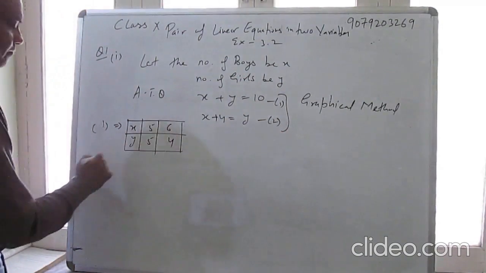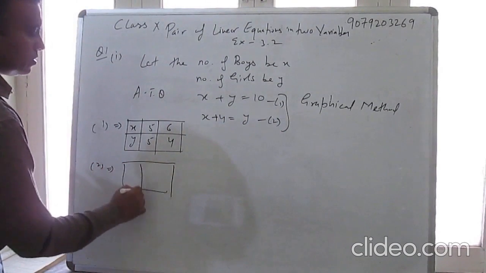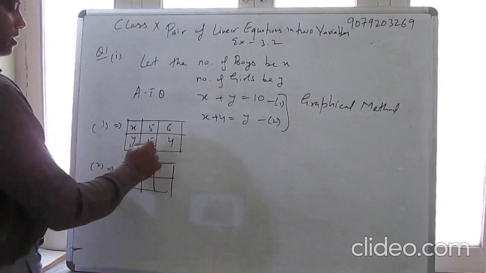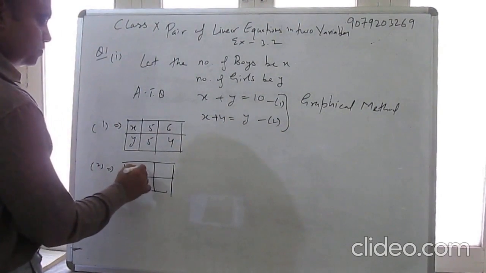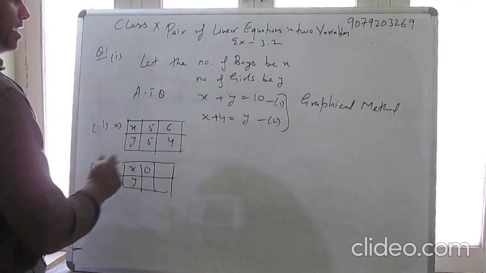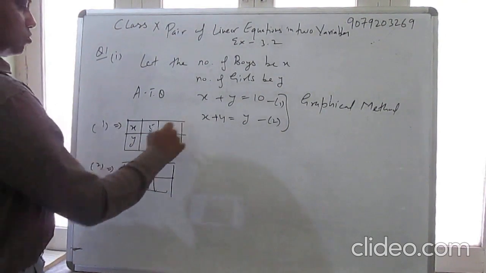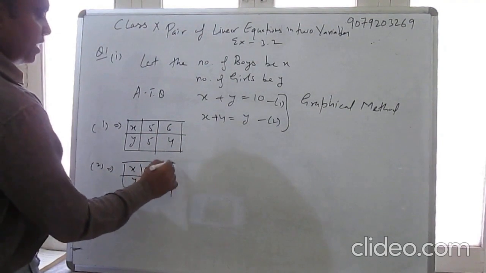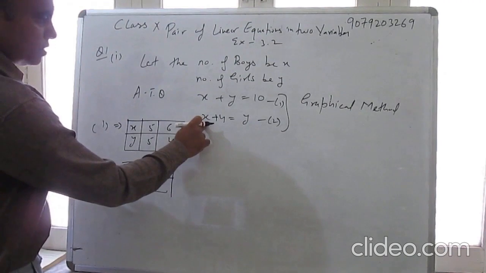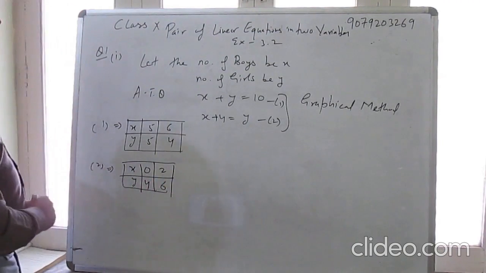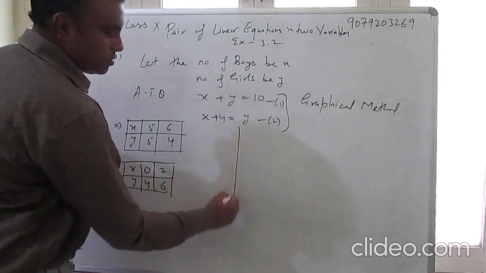Now for equation 2, plotting the points: if I take x 0, y is 4. If I take x 2, y is 6. Now plot the points.